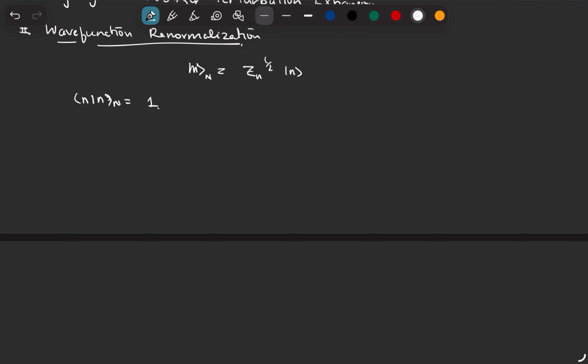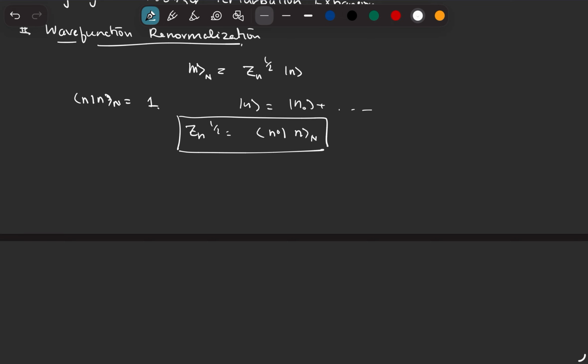And because you have set your wave function as |n0⟩ plus terms, Zn to the power 1/2 is nothing but the overlap between |n0⟩ and your normalized wave function. So this is pretty easy to compute.